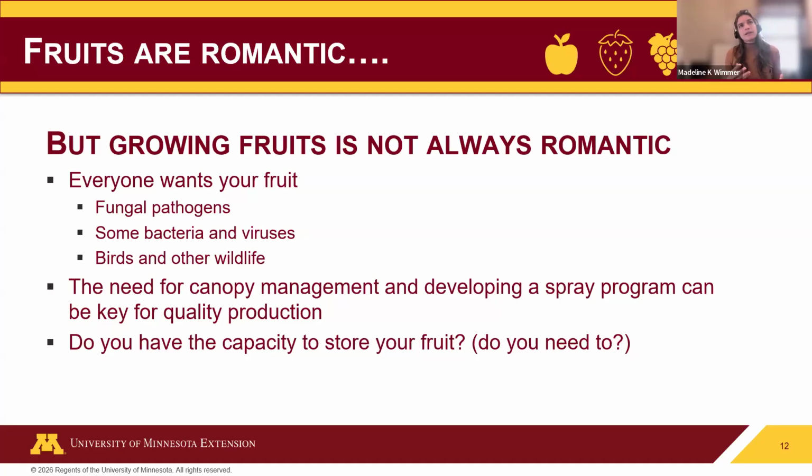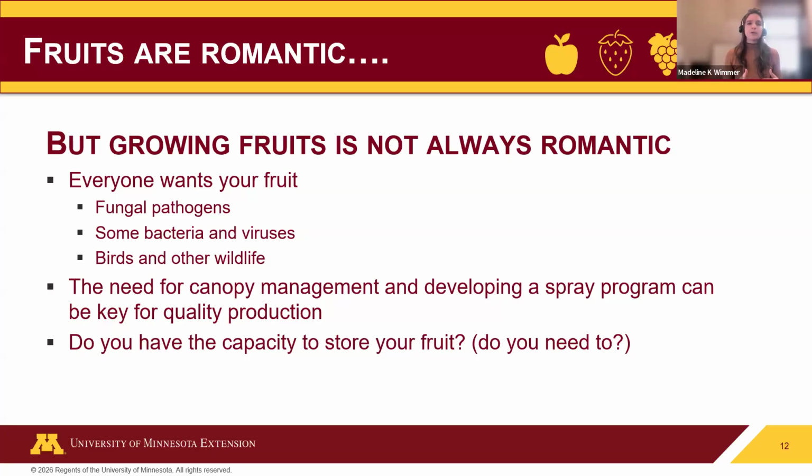And therefore, when thinking about growing fruit, you don't necessarily have to aim to grow the most perfect fruit, but being able to set yourself up to know what you can expect from a crop if you are or are not developing a spray program.